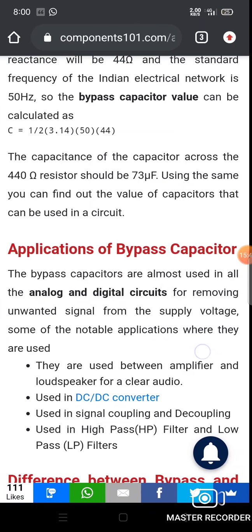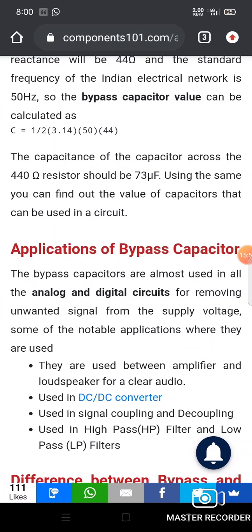Next, applications of bypass capacitors. Based on the function of the capacitor in that particular place, bypass capacitors are used in almost all analog and digital circuits for removing unwanted signals from the supply voltage.